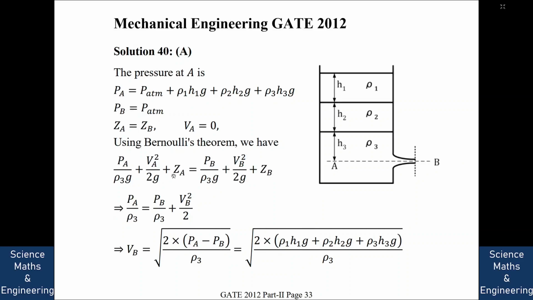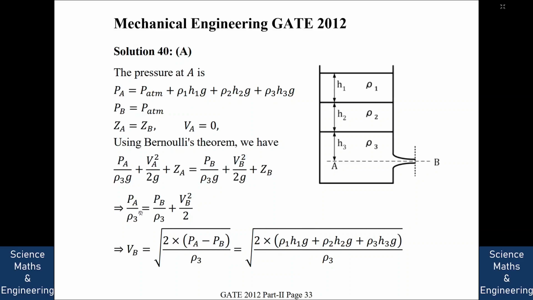Now pressure we already know, so using Bernoulli's theorem we get, only this liquid is here, right? PA by rho 3 g plus VA square by 2g plus ZA is equal to PB by rho 3 g plus VB square by 2g plus ZB. We are assuming no losses.